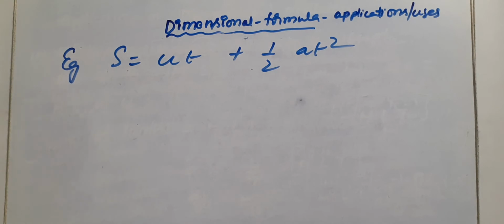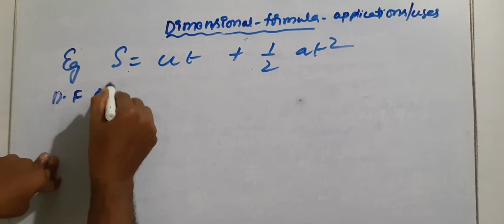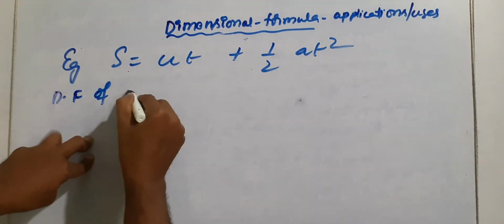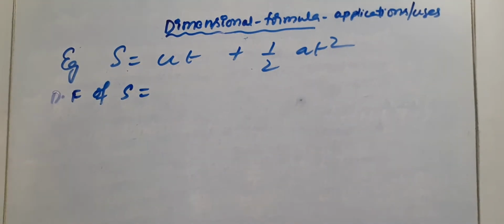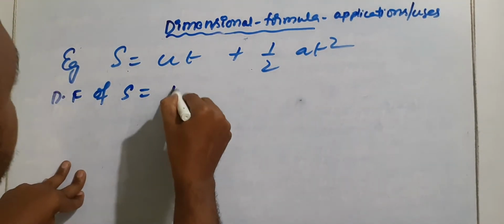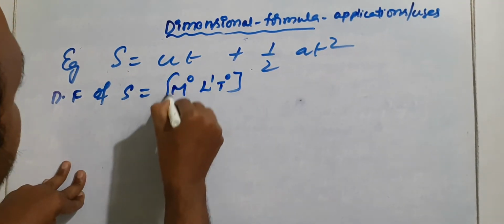Now how can we verify? We want to check whether this is correct or not. The dimensional formula of S, the distance traveled: in S there is no mass and no time, it is only the length of the path. That is why its dimensional formula is M power 0, L power 1, T power 0.